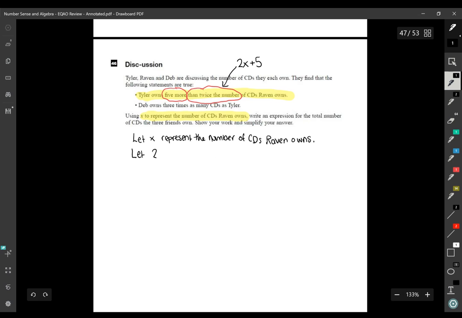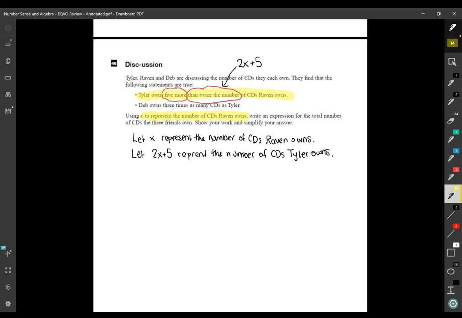Okay, so now I'm going to write my second statement. So let 2X plus 5 represent the number of CDs Tyler owns. Okay, now let's move on to Deb. Okay, so we have to create an expression for the number of CDs Deb owns.